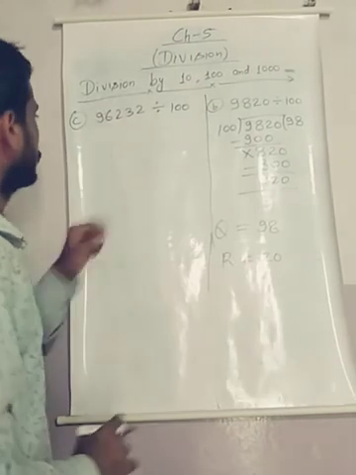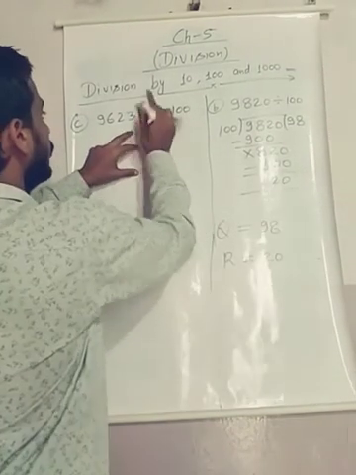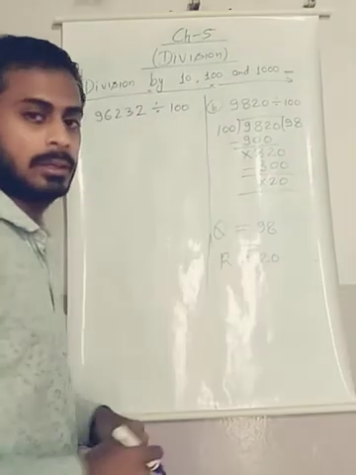See the third example. 96,232 divided by 100.